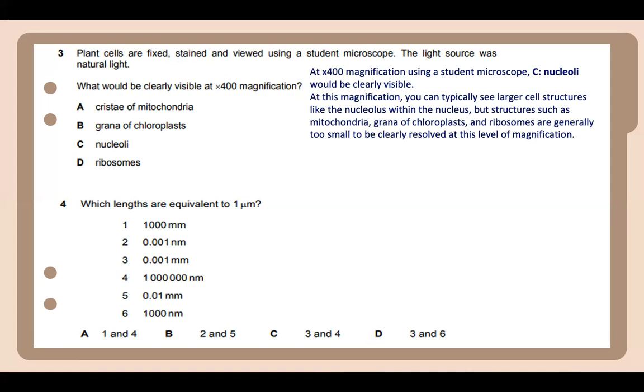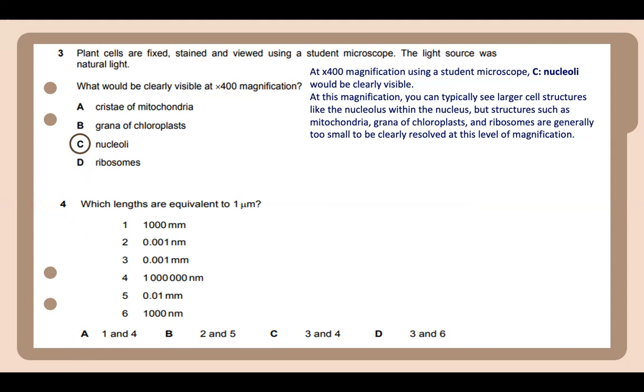At this magnification, you can typically see larger cell structures like the nucleus, but structures such as mitochondria, grana of chloroplasts, and ribosomes are generally too small to be clearly resolved at this level of magnification.